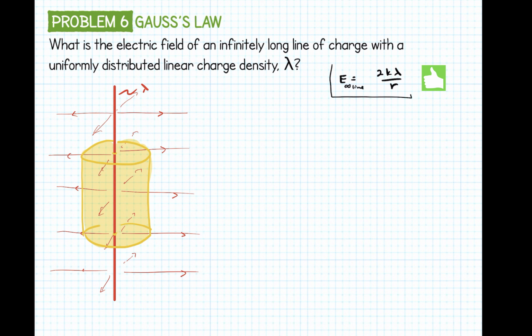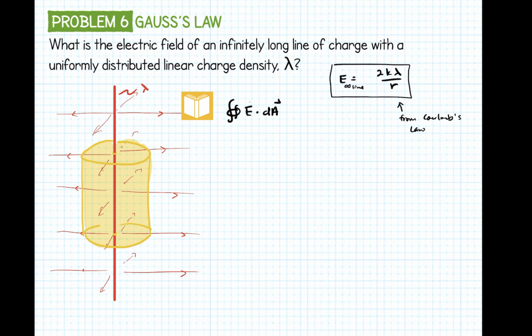And we know this because we calculated it with Coulomb's law, and we integrated, okay? But now we're going to do this with Gauss's law, so we'll write Gauss's law here. Remember, this is E dot dA is equal to Q enclosed over the constant epsilon naught, which is 8.85 times 10 to the negative 12th.